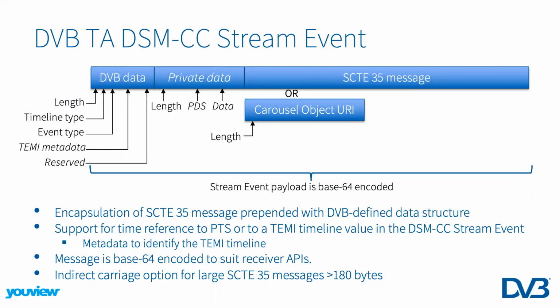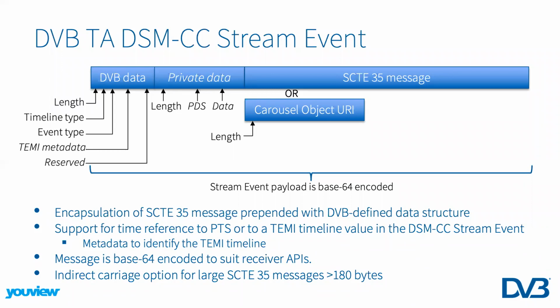And so it starts with the length field of that DVB data section. Then we have a couple of flags, the timeline type and the event type. So the timeline type allows, as well as using PTS values in the SCT35 message, we can alternatively use time values on a TEMI timeline. And to make that equivalent, we need a TEMI timeline that is a 90 kilohertz one, so that the values would be similar in behavior to the PTS values.